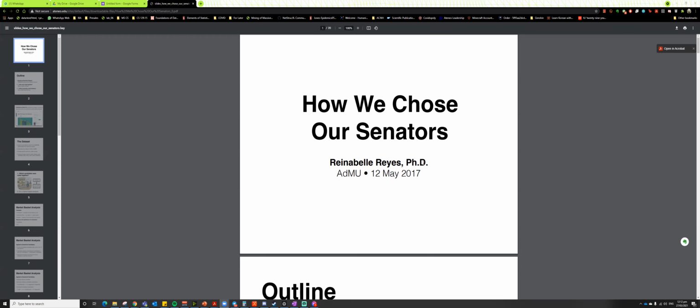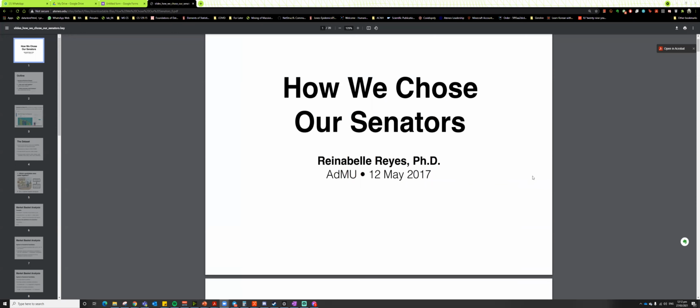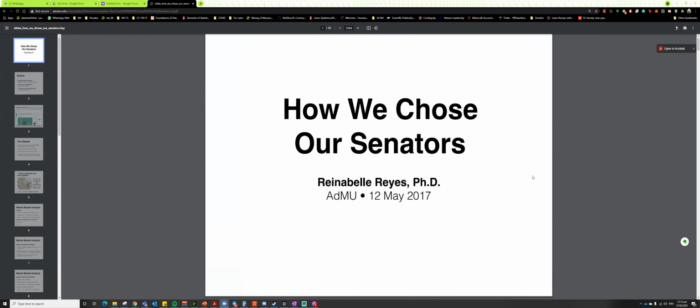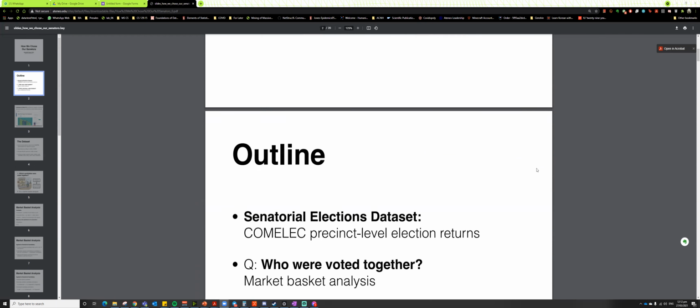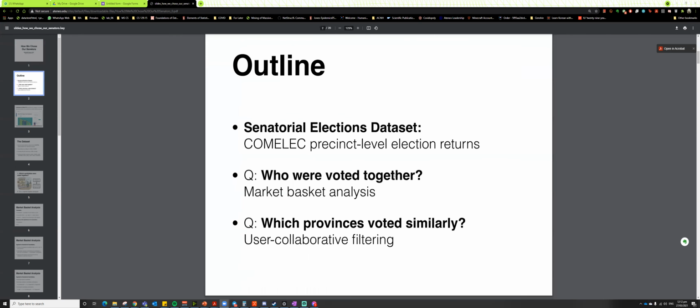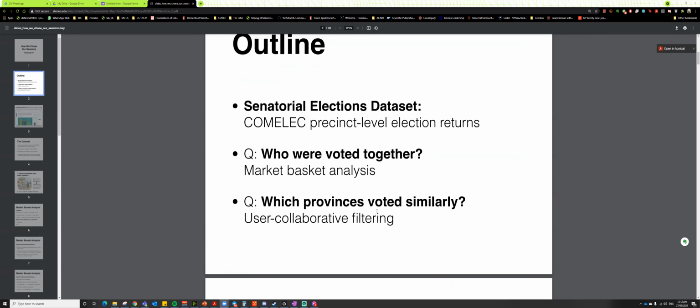If you're not familiar with Reina Reyes, she was the one who was able to prove Einstein's theories. What she did is she looked at a senatorial elections data set, and she used market basket analysis and affinity positioning to identify who were voted together and which provinces voted similarly.